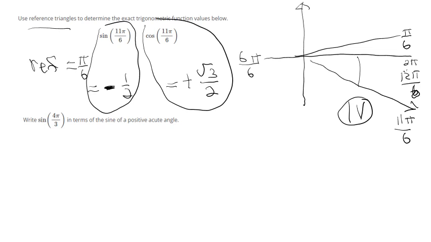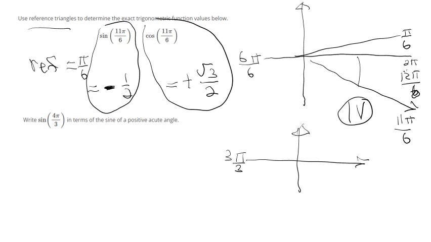Our next one. We want to express sine of 4 pi over 3 in terms of the sine of a positive acute angle. Well, again, where is 4 pi over 3? Well, this is pi, and if I put a denominator 3 here, this is 3 pi over 3.